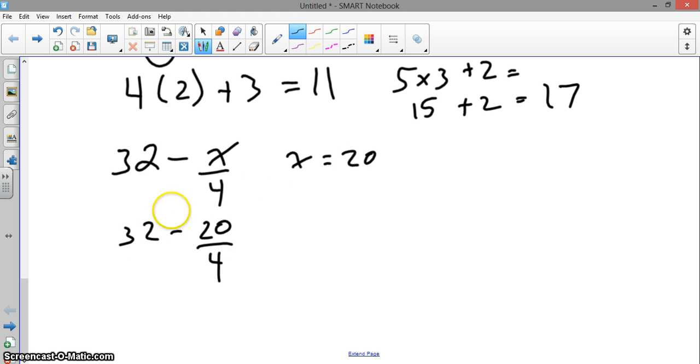So I rewrite my equation. Look at this. It's all coming nice and neatly straight down. So the next thing I can do, following order of operations, I have to do my division first. 20 divided by 4 is 5. And 32 minus 5 equals 27. Excellent.